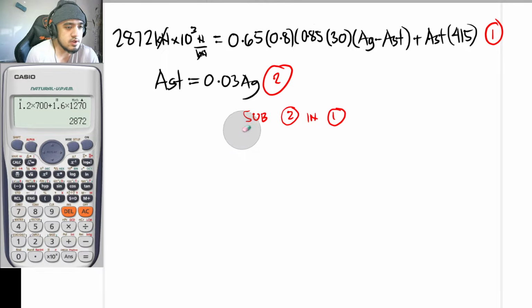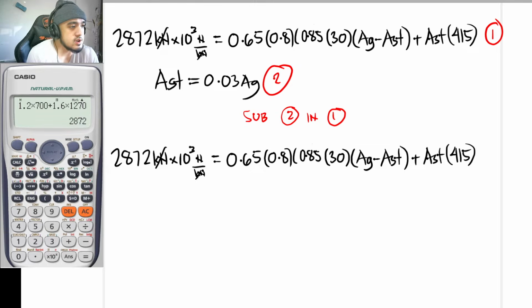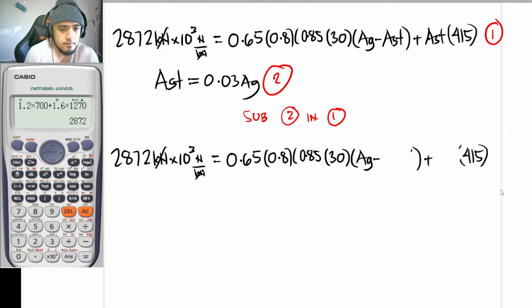I will just be copying this so I do not have to rewrite it. For the value of your AST here, we substitute equation number 2. So this is now equal to 0.03 AG and 0.03 AG.